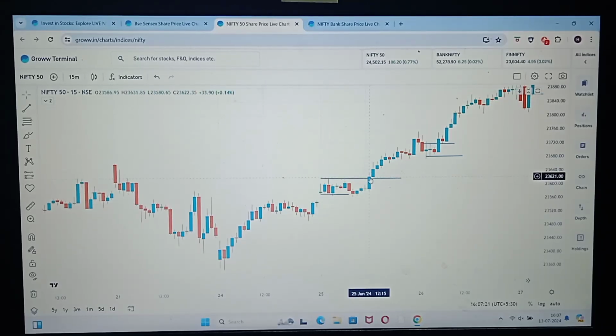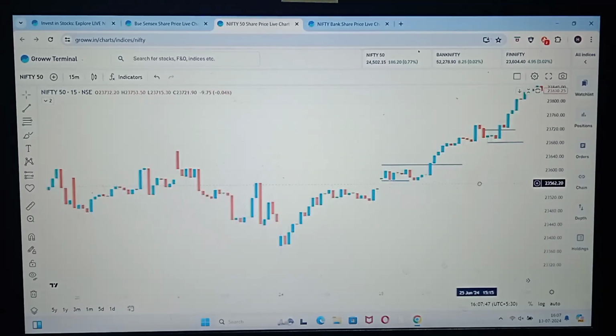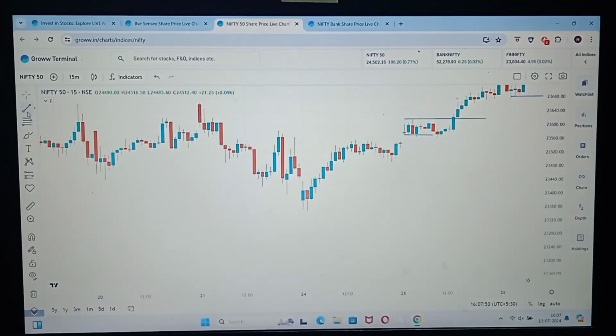So here clearly you can see the body broke the high, the 12:15 candle, so we'll take a trade here at 23,617. From 617, consecutive 5 candles are green. See, 70 points you got here, till here we are getting 100 points.